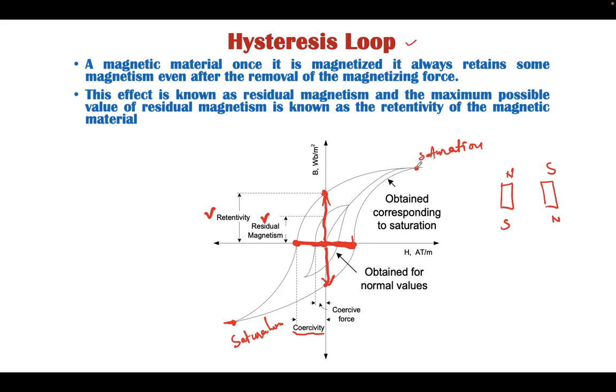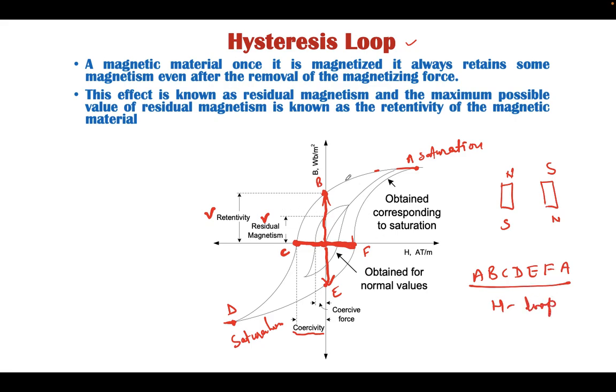The path traversed from this point, A, B, C, D, E, F, and back to A, is known as the hysteresis loop.